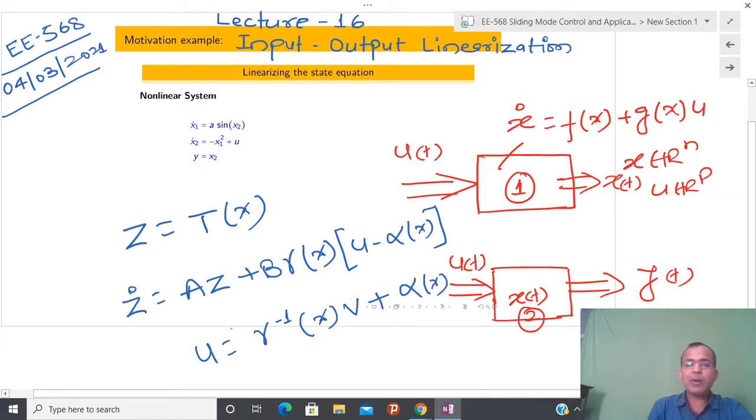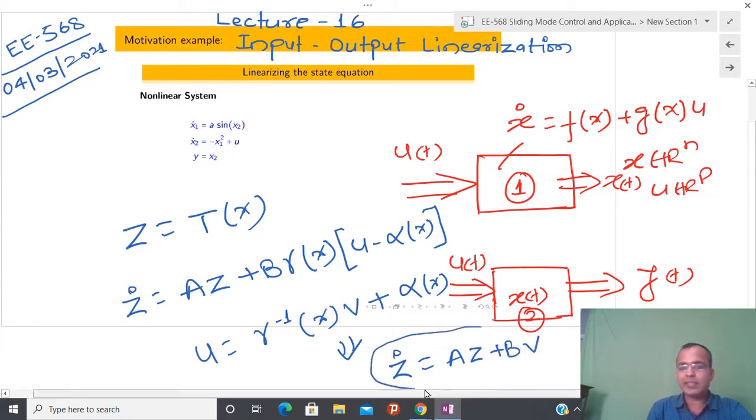So if you apply this kind of control here, then the final structure I have is linear, of the form Az plus B into nu. So this linearization is called input to state linearization.